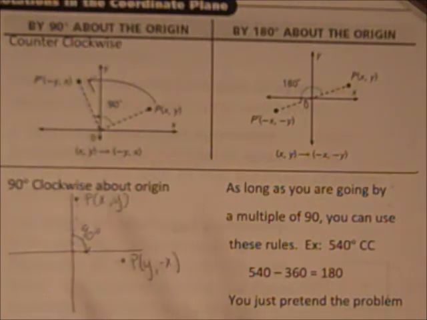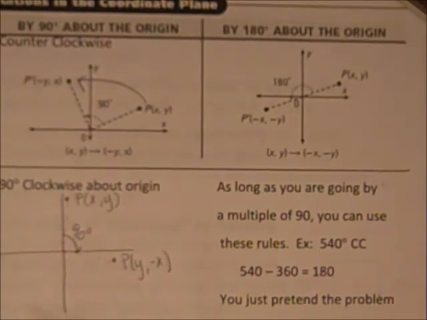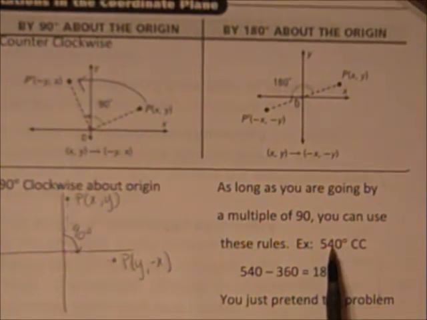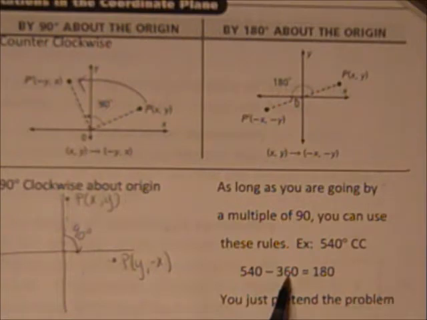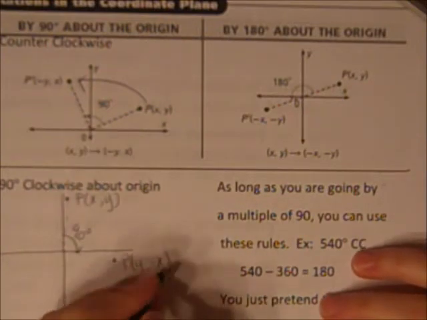Since it's going clockwise, it's going forward, then the front coordinate, the x, is the one that changes signs. And one thing about these is, as long as you're going multiples of 90, you can still use these rules. So for instance, if I told you to rotate 540 degrees, well, you're going 360, you're going all the way around. That whole rotation doesn't count, because after 360 degrees, you just end up right back exactly where you were.